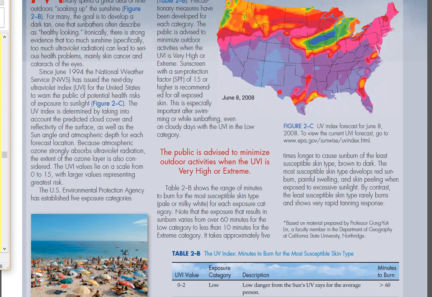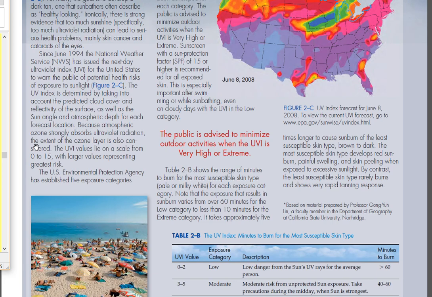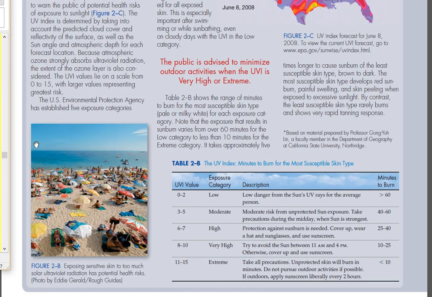Because atmospheric ozone strongly absorbs ultraviolet radiation, the extent of the ozone layer is also considered. The UVI values lie on a scale from 0 to 15, with larger values representing greatest risk. The U.S.